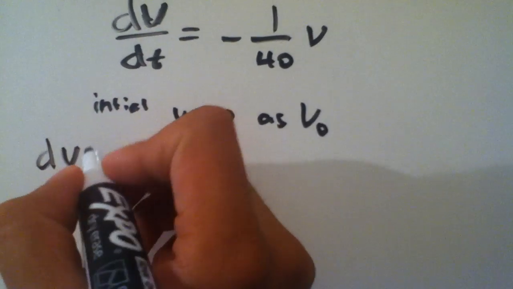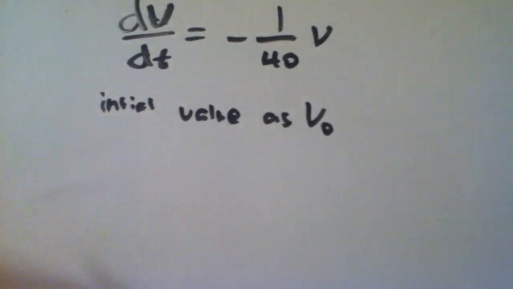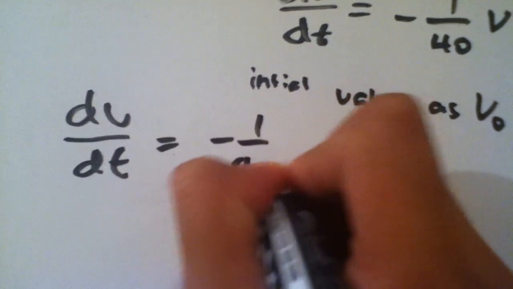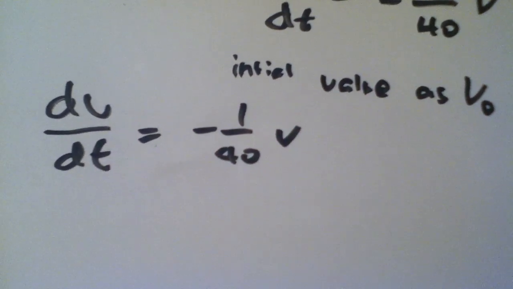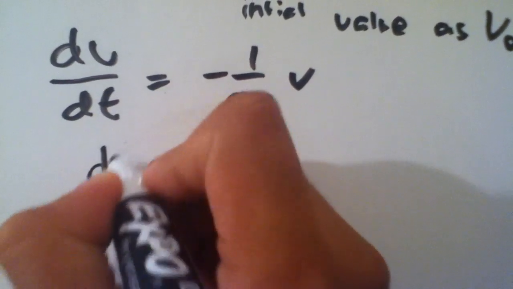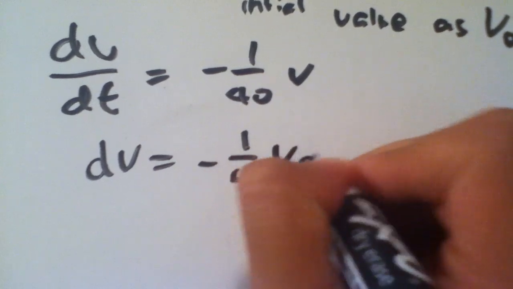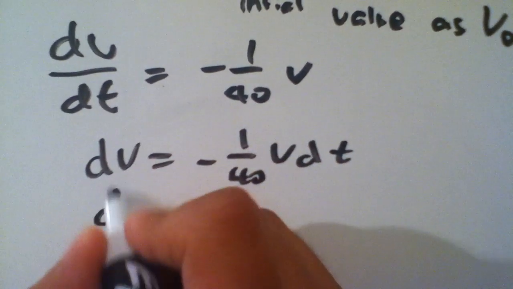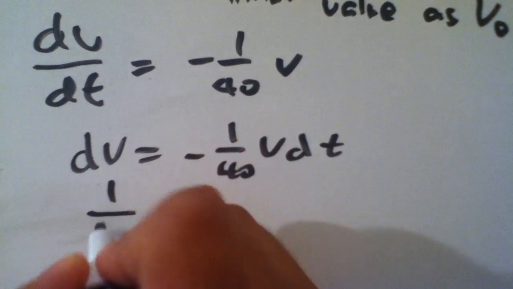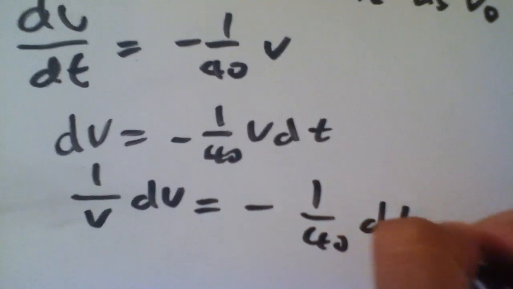So dV over dt is equal to negative 1 over 40 V. Just rewrite it and then we'll start. You take dt to the other side, and then we take the V to this side. So on the left side, we get 1 over V dV is equal to negative 1 over 40 dt.